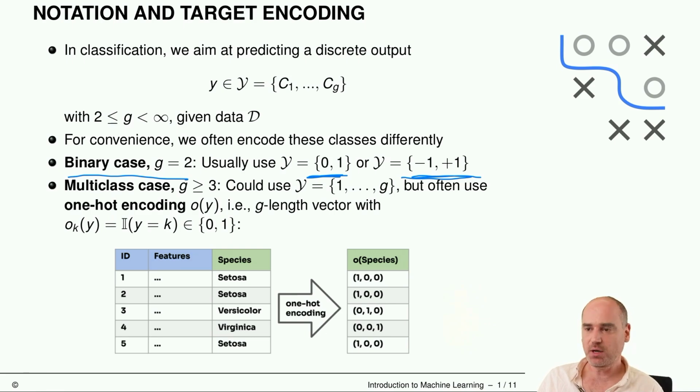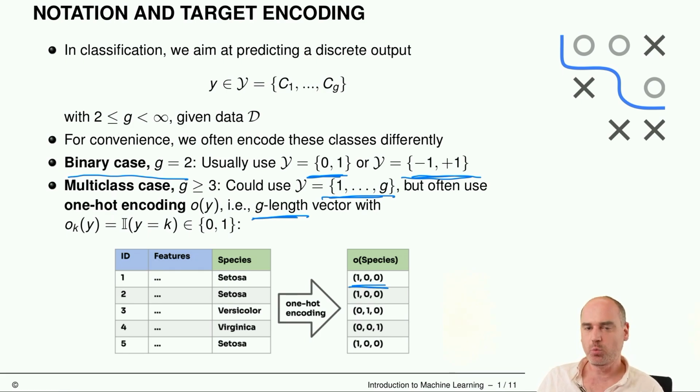If there's more than two classes, so if you want a multi-class case, then we could use some integer encoding from 1 to G, but very often it's even more convenient to use what we call one-hot encoding. So for every class, we would turn that into a 0, 1 vector, and that 0, 1 vector would be of length G. So if you have 3 classes, we would have 3 entries in our vector.